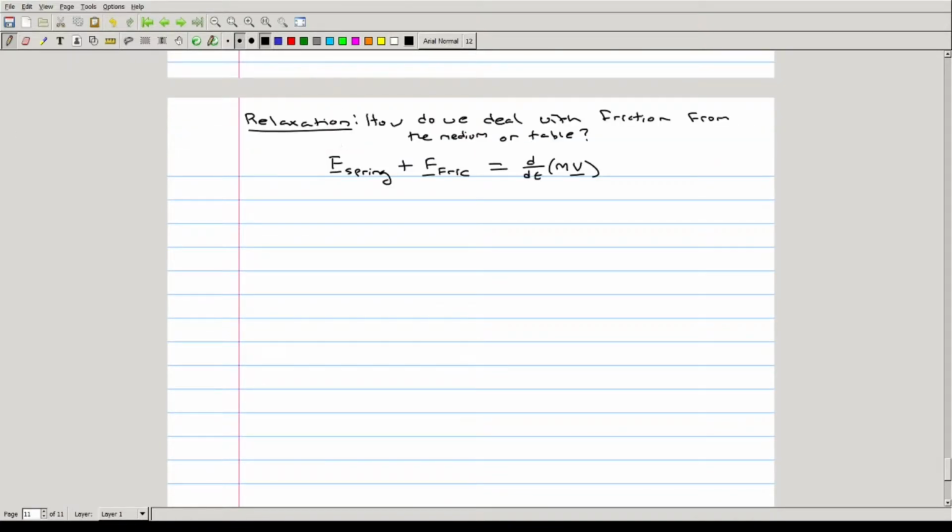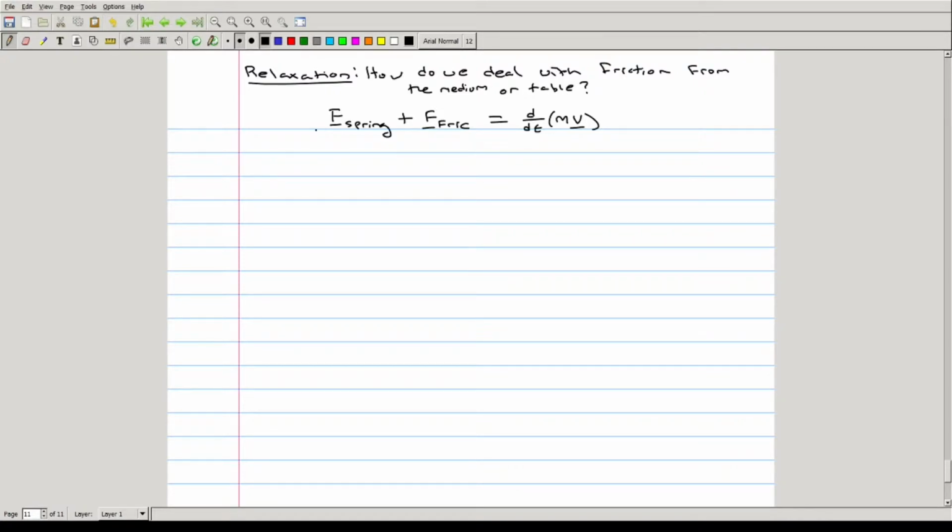And we've already given in detail what the force of the spring could be in terms of displacement. So now we want to ask, what form does the force of friction vector take?